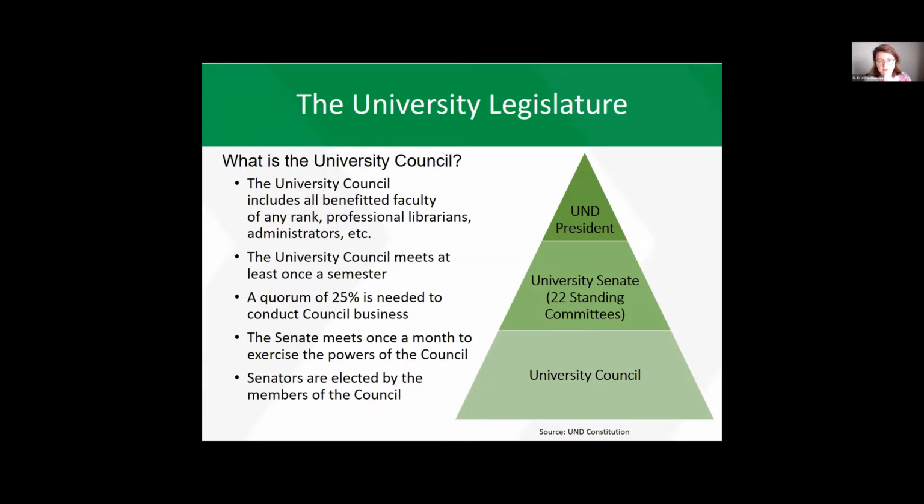And then we have the University Council that includes all benefited faculty of any rank, professional, librarians, administrators, for a total of more than 800 members. The University Council meets at least once a semester, so we have our fall 2021 meeting right now, followed by a spring 2022 University Council meeting. A quorum of 25% is needed to conduct council business, and the Senate meets once a month to exercise the powers of the council. All the senators are elected by members of the council.